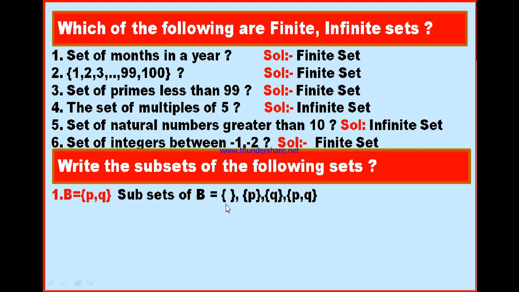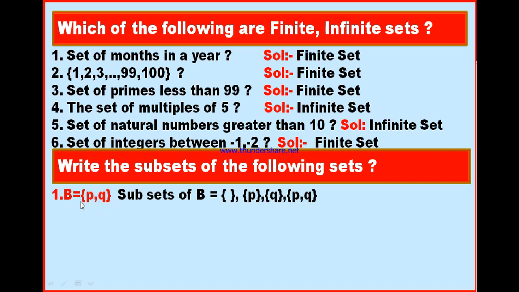Subsets of B: an empty set. Next, the set containing only the first element P. Next, the set containing only the second element Q. And the next is the set containing both elements P, Q. These are the different sets which are subsets of the given set B. I shall repeat.